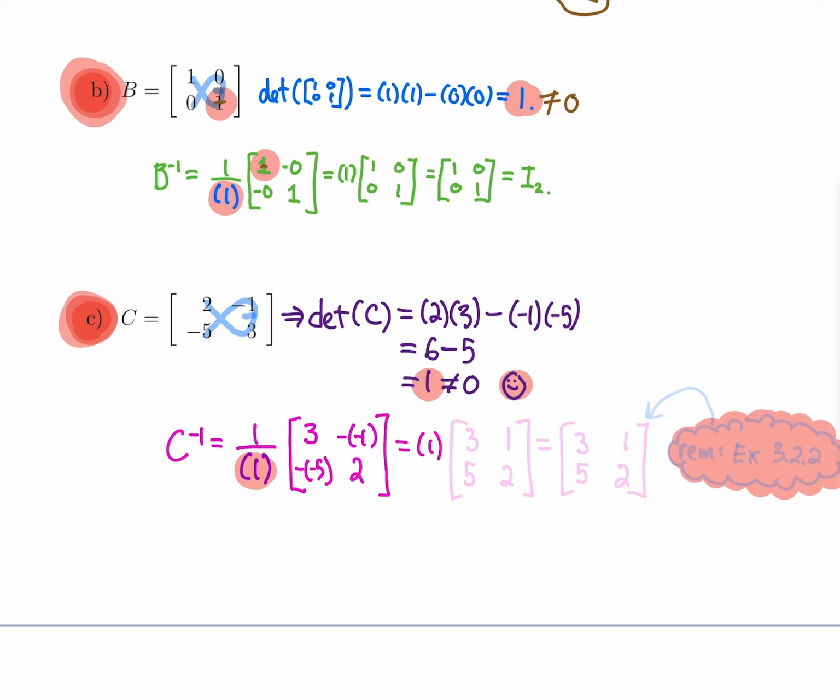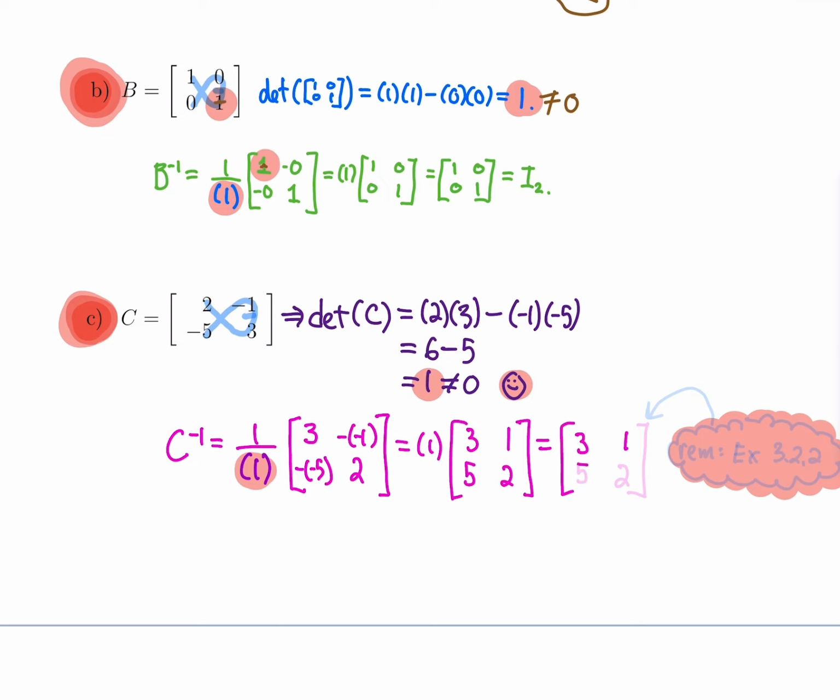So 1 over 1, that's 1. The 3 alone is 3. Minus minus 1, that's 1. Minus minus 5, that's plus 5. And you get your 2. And if you multiply everything, again, be careful. My example is bad. Worst teacher ever. But I am multiplying everywhere by 1, so not much is happening here. Just like my real life.